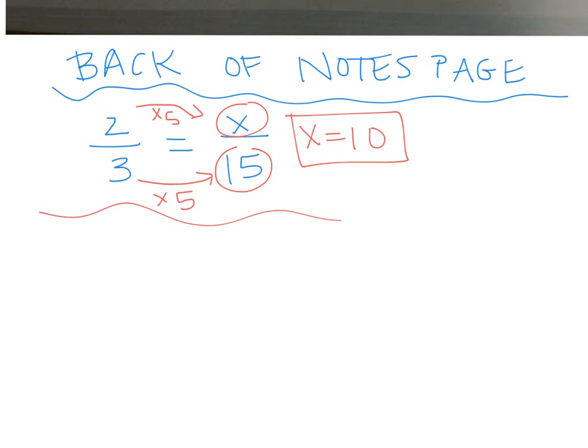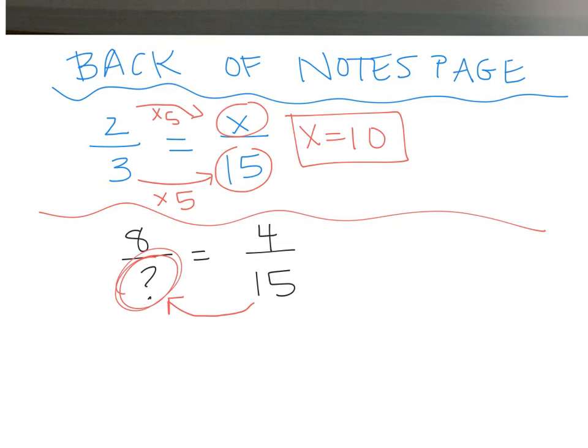Let's say it's a little harder, because you're already good at those. What if I had 8 over question mark equals 4 over 15? Now we have to kind of go backwards because I need to go from here to my unknown. So I got to go the same direction up top.